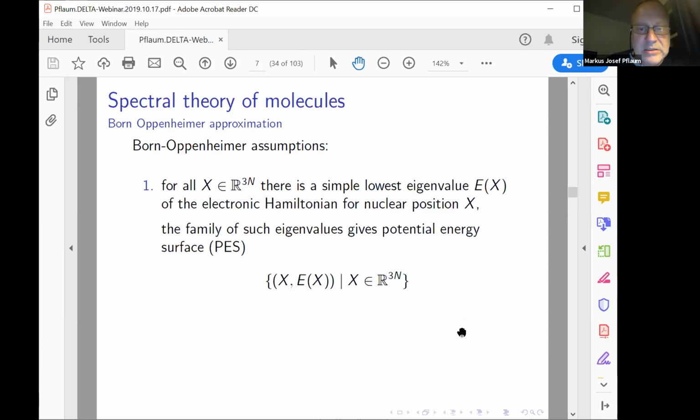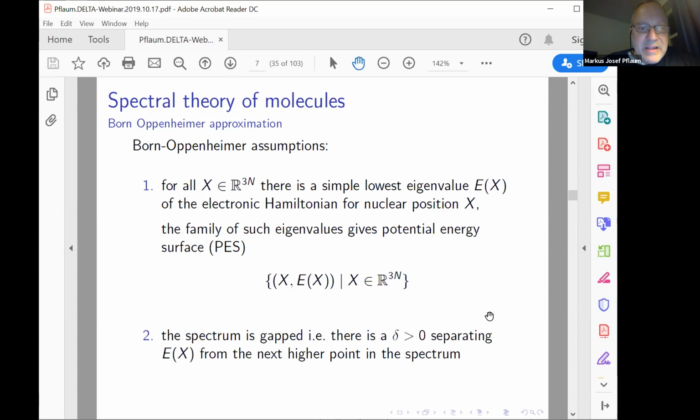It's still highly complicated, and it's still an idealization, because this potential energy as defined crucially relies on the Born-Oppenheimer assumptions. I cannot go into all details of what that means, but I will give a couple of hints. There's another extremely important assumption: that the spectrum is gapped.